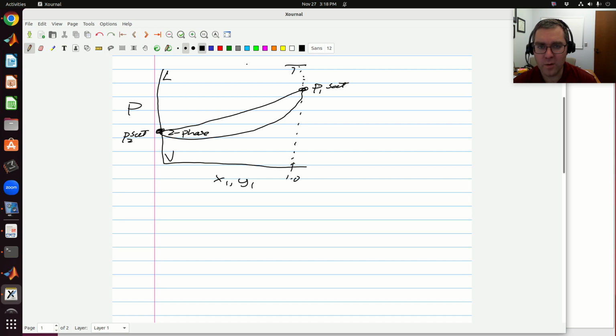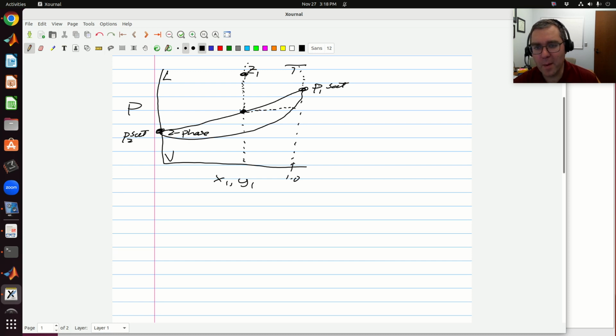Okay. All right, so what I'm going to try and do in this problem is I'm going to have some system of known composition. So here I'm just drawing in some vertical line corresponding to a composition. Here I'm calling it z1. So I have some mixture of some given composition. If I were to start up here in my liquid phase, as I decrease the pressure, where I hit my bubble line, that corresponds to the bubble point of my mixture.